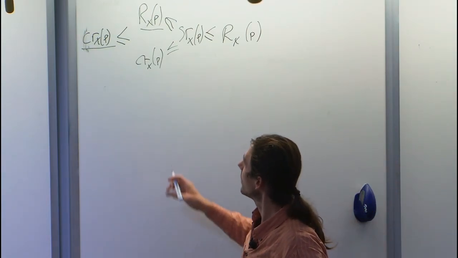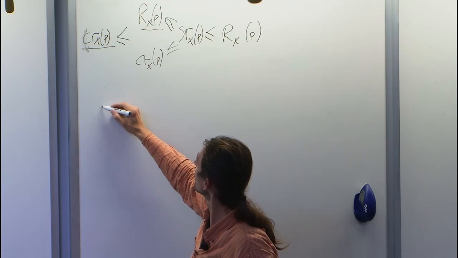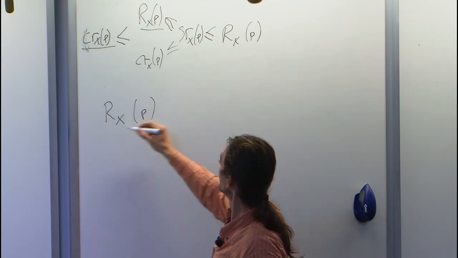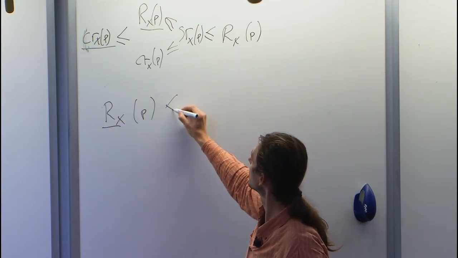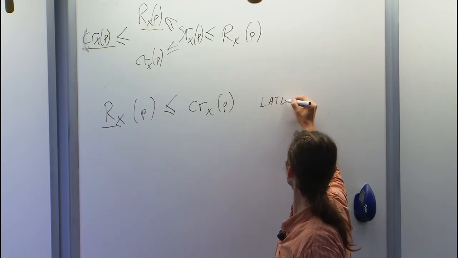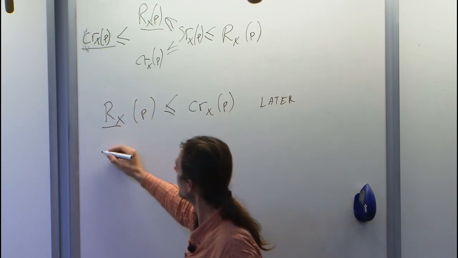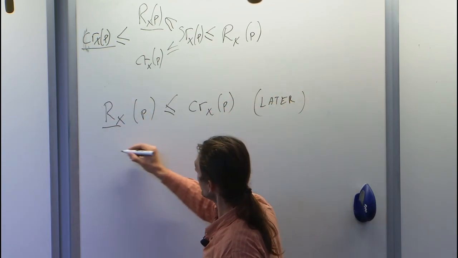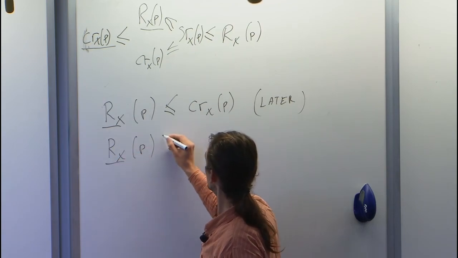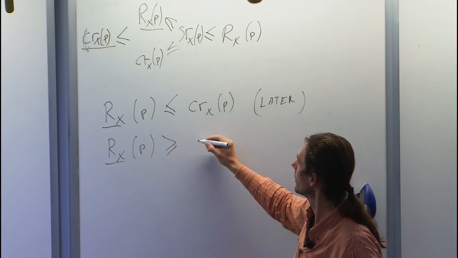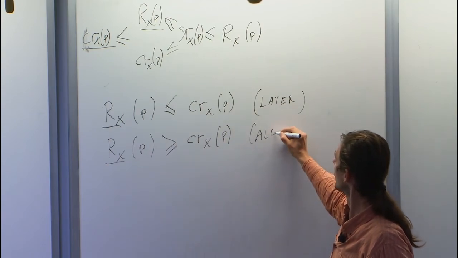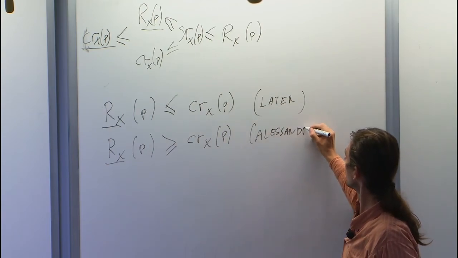Okay, and in my talk at the end I would try to present you examples where border rank is less than Cactus rank. And then in Alessandra's talk you will see examples where the border rank is more than Cactus rank. I mean, one of these should be strict, right, to make it... Yes, thank you.